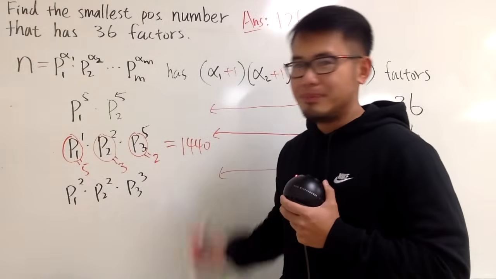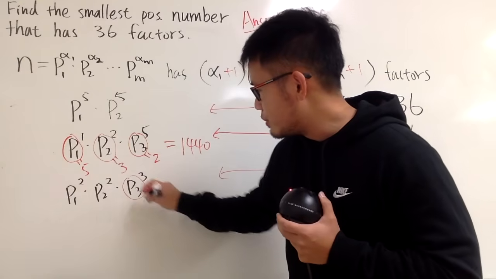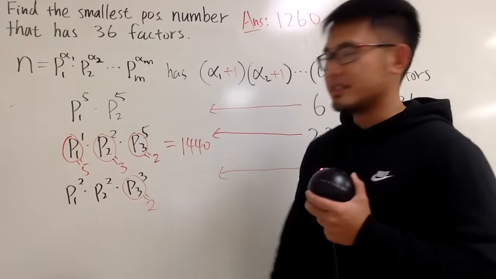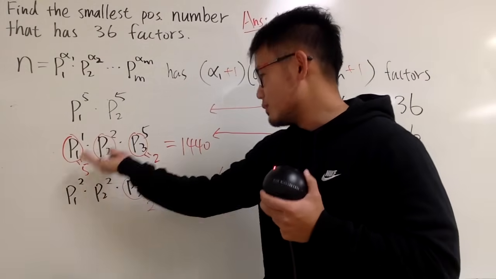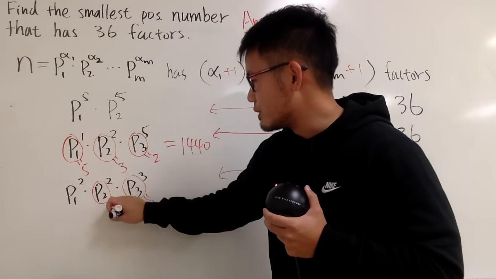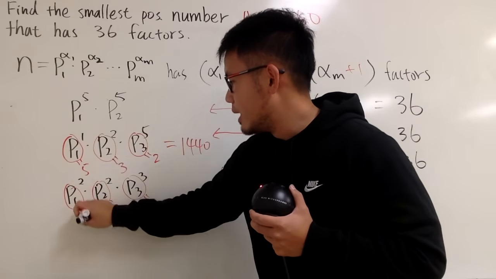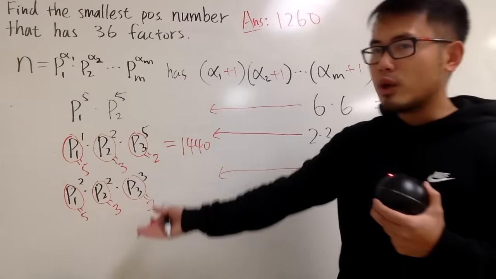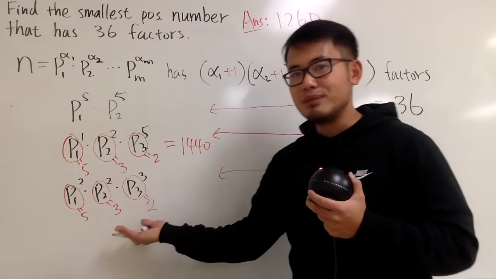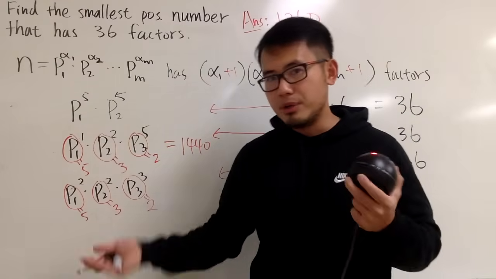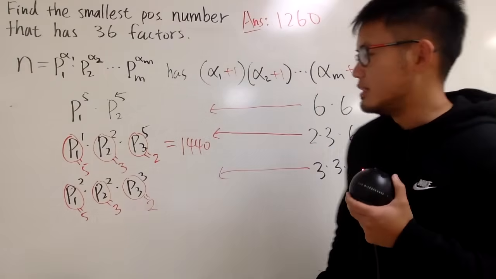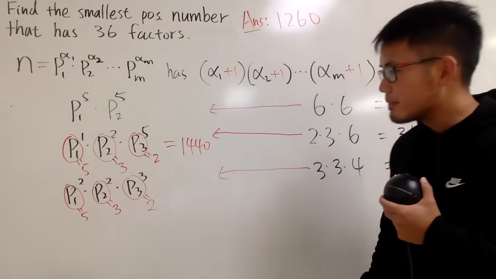This has the biggest exponent, so I should assign p3 to be the smallest prime, which is once again 2. The exponents here are just 2, so I can put 3 right here and then put 5 right here. And of course, I don't want to use 7 or 11 because the number will be much bigger compared to if you use just these small primes.